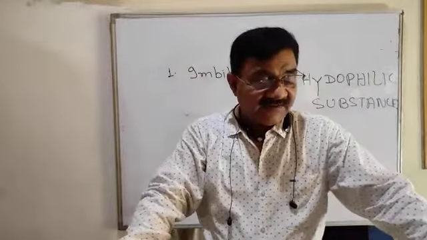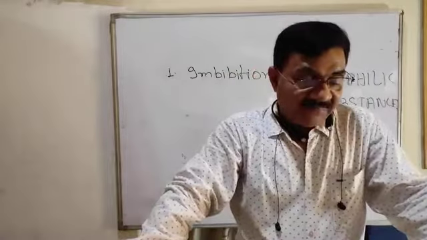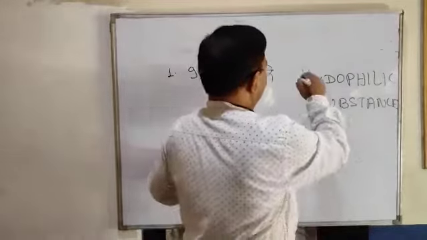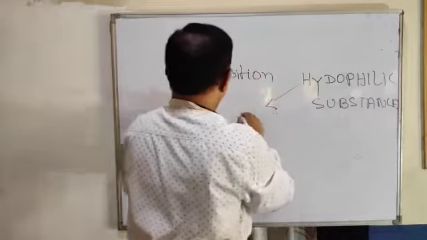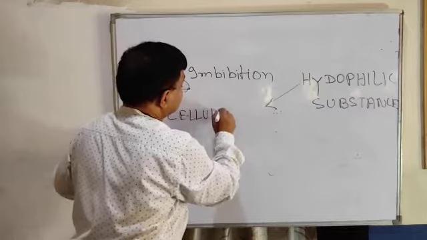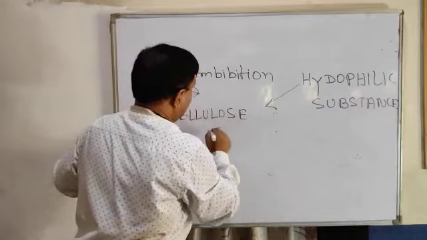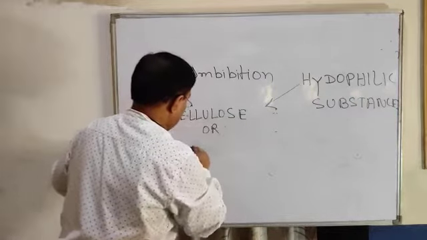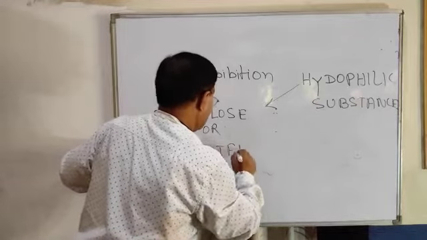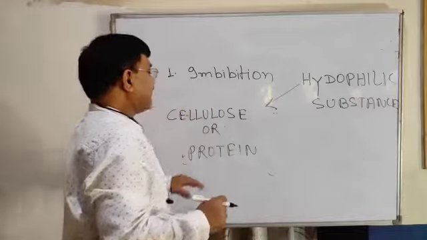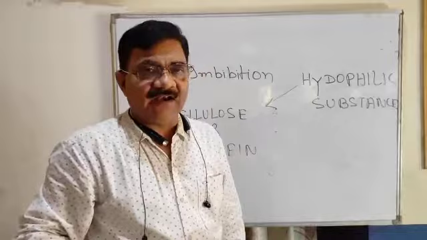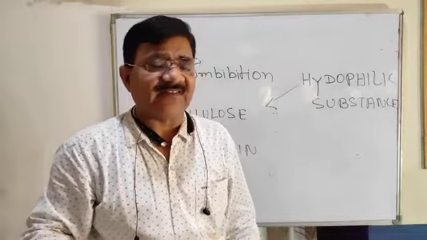The substances which are made up of cellulose or protein are called hydrophilic substances.